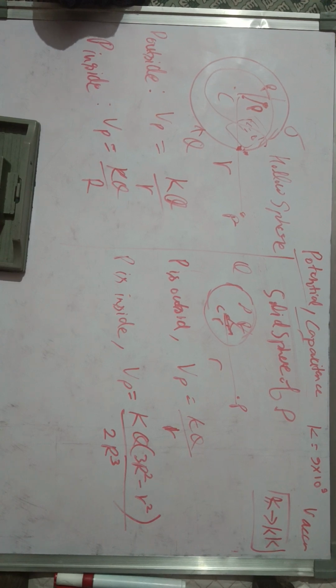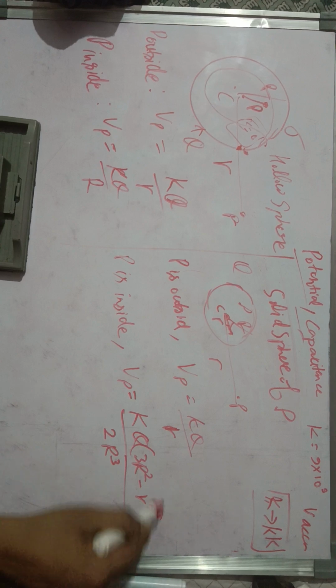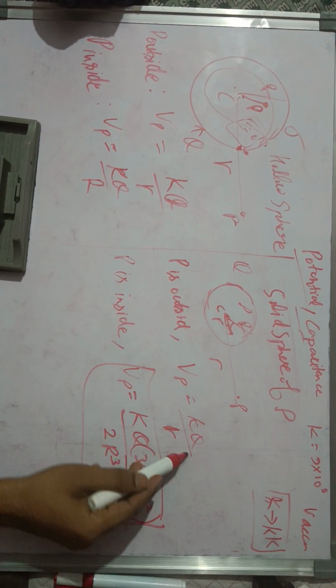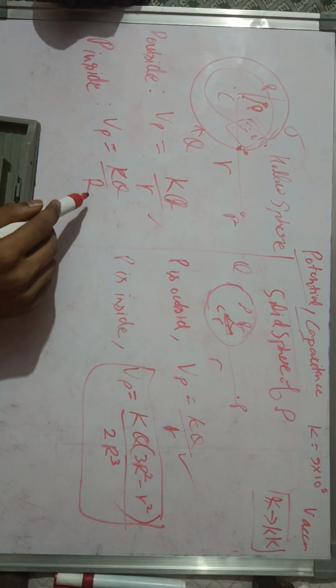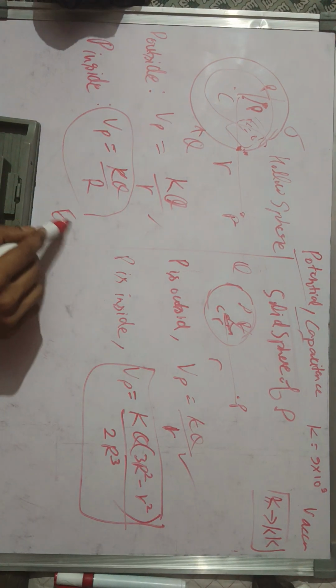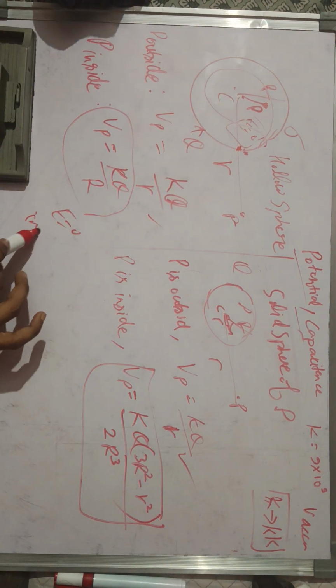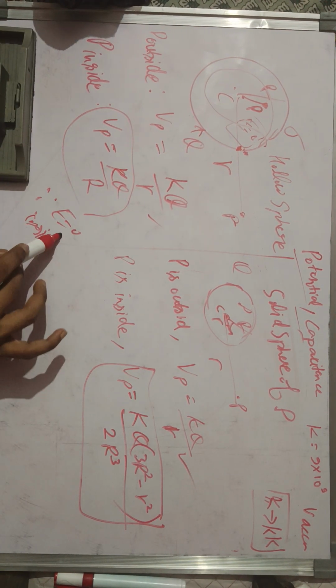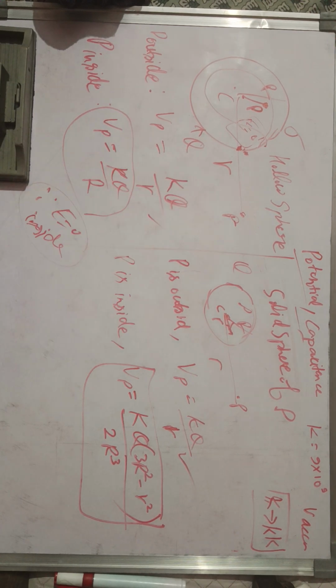Okay, so this is the potential at the point P. This is one important thing, and this is a very simple fact. This can be noted because E is equal to 0 inside the hollow sphere.